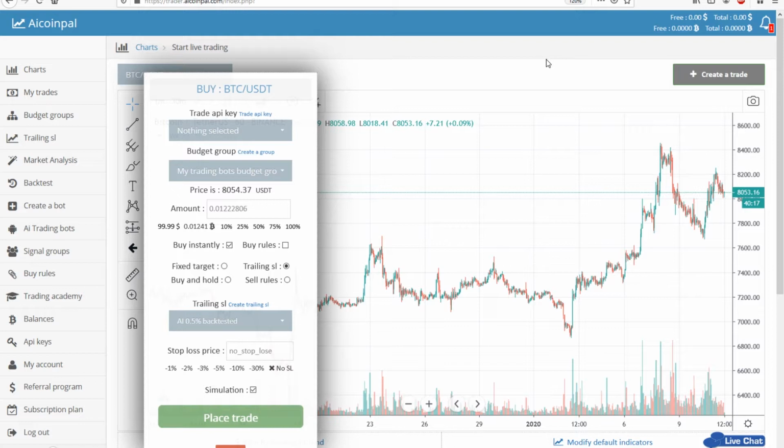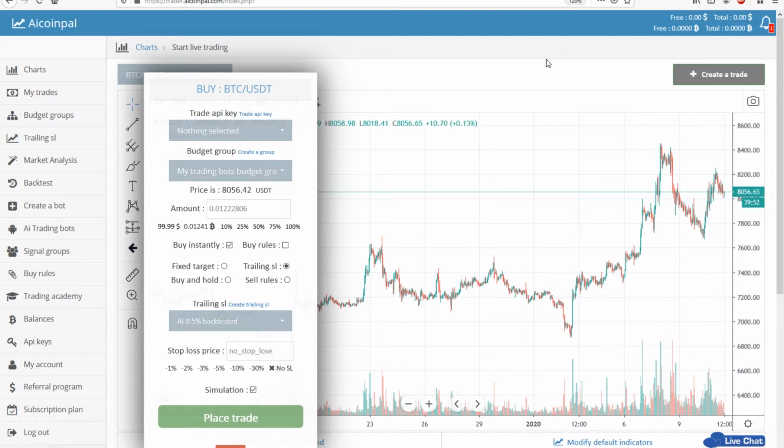A budget group allows the system to understand how much of your money it can use for trading. Let's say you have $1,000 in your account, but you want to spend only, let's say, $500 for manual trading, for your own trading strategies that you want to try out.